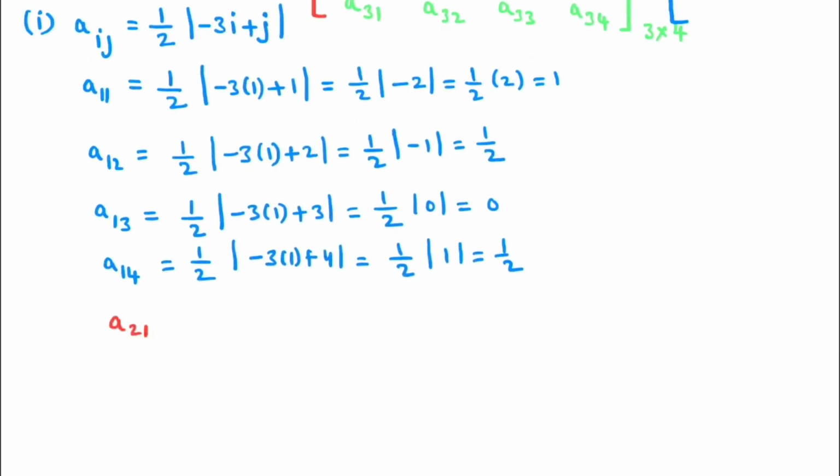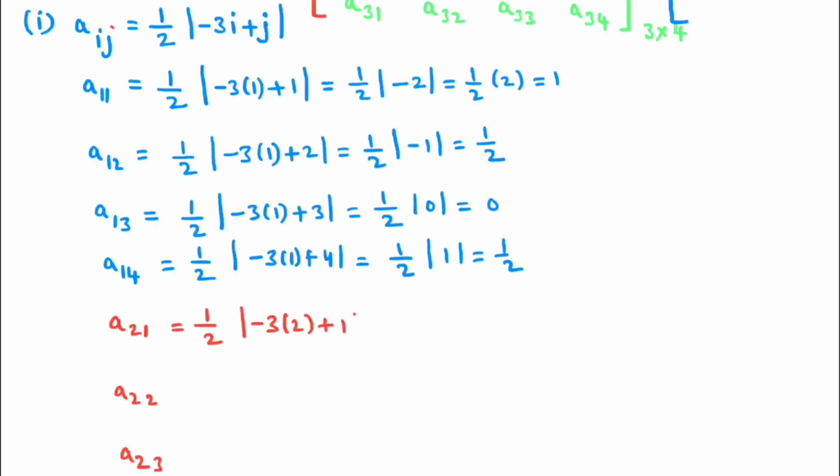A21, A22, A23 and A24 I need to calculate. Okay, A21, you observe here, in place of i, 2, in place of j, 1 is there. So in this, 1 by 2 into modulus of minus 3 into i, in place of i, you write 2, plus j, in place of j, you write 1.